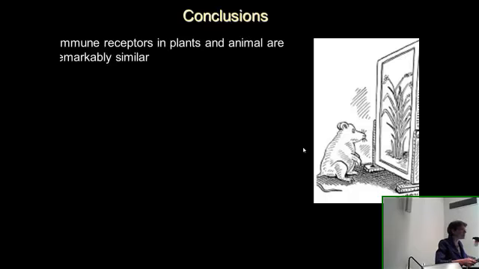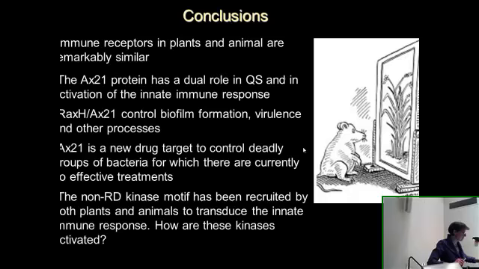So to conclude, I hope we've convinced you that immune receptors in plants and animals are remarkably similar. And just to recap what I told you specifically about our work, we're very excited about the AX21 protein because it appears to have a dual function. It triggers the immune response. It binds to the XA21 receptor.